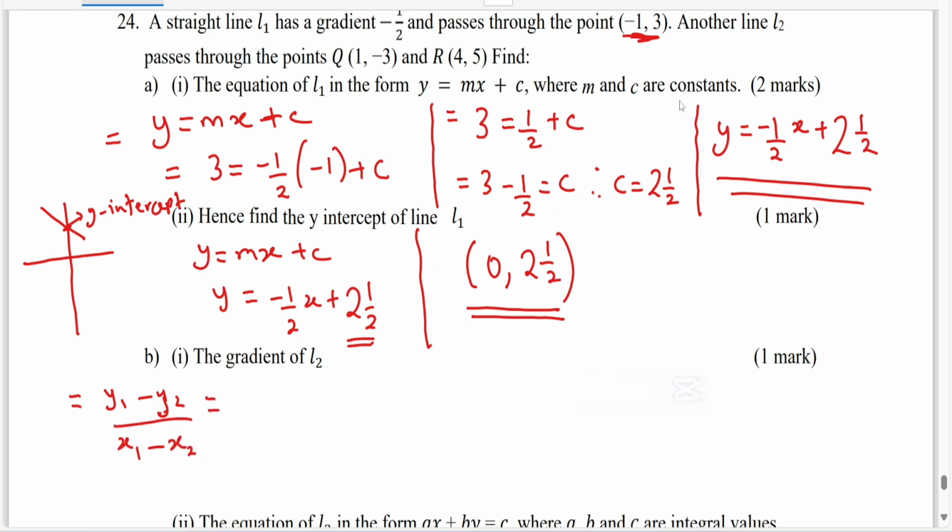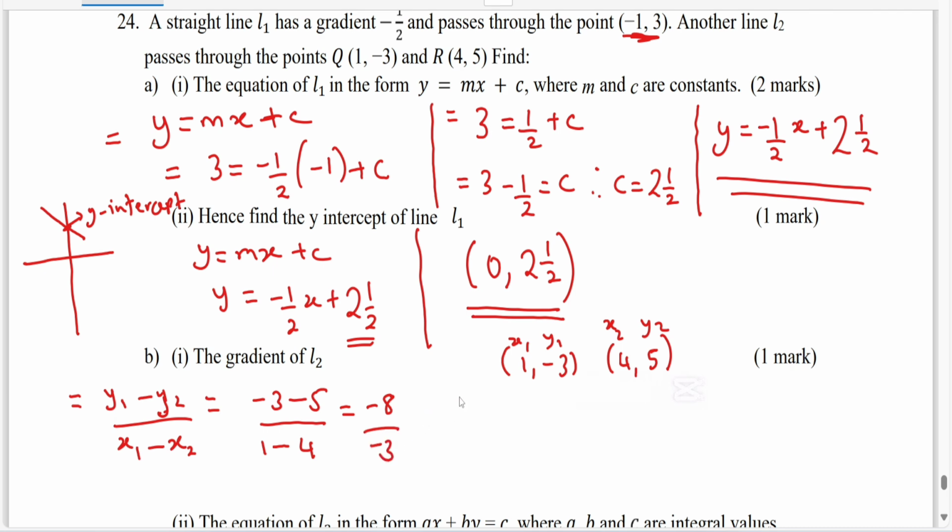Taking here, let's assume (1, -3) and the other is (4, 5). So y1 is -3 minus y2, 5, over x1, 1, minus 4, gives us negative 8 over negative 3, gives you positive 8 over 3. So that's your gradient.